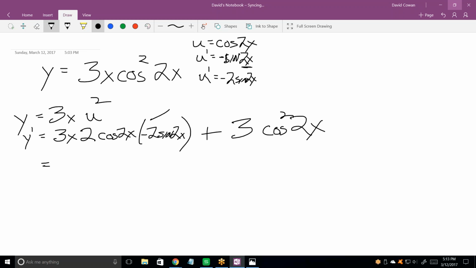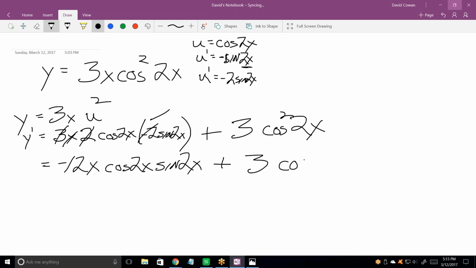Well, you have this 2 over there also, that minus 2. So in other words, negative 12. This is multiplication. It's not an argument of the cosine. So negative 12, and we have x. That takes care of that, and that. And then we have cosine of 2x sine of 2x plus 3 cosine squared of 2x.